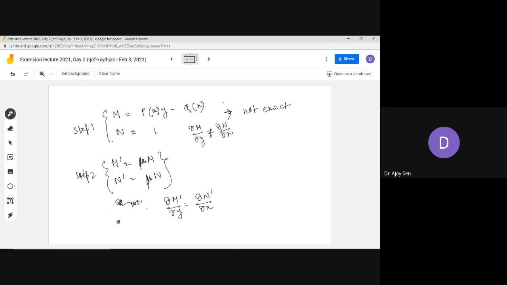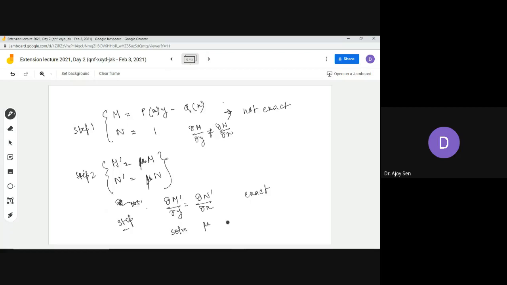Now to check the condition of exactness, and since this mu is the integrating factor that we have asked for, this should be an exact equation. So we are doing it forcefully, and from this relation you just solve for mu.